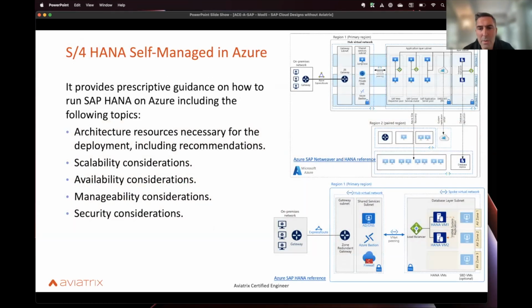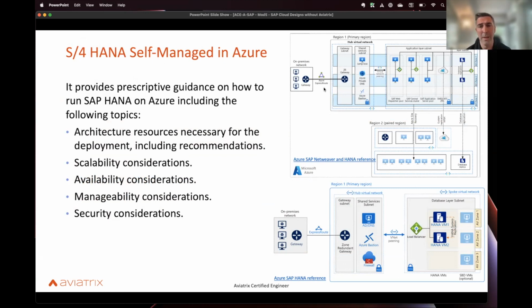With Azure, it's a bit different because each of the networking components are slightly different. The idea here, though, is this prescriptive guide includes the following topics. It has the architecture, which is the resources needed for deploying, including recommendations.